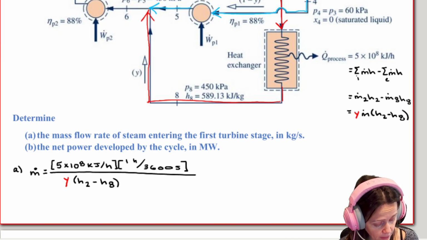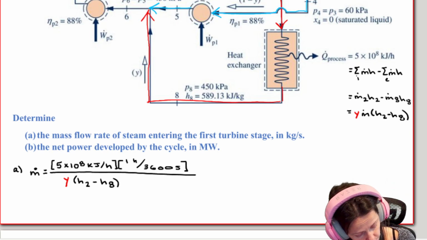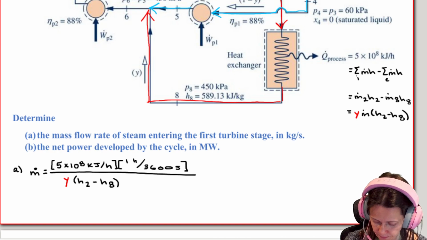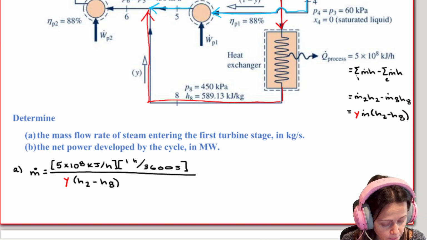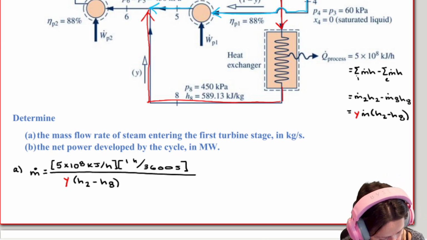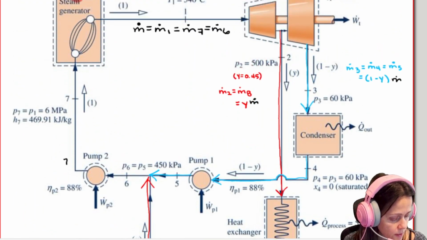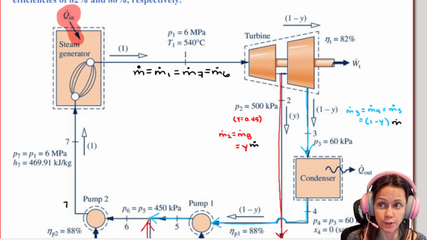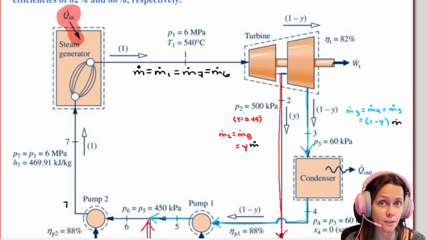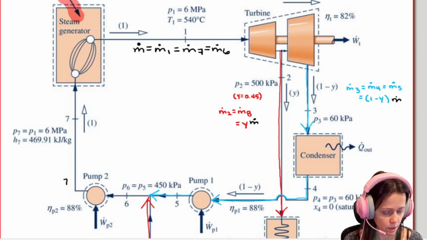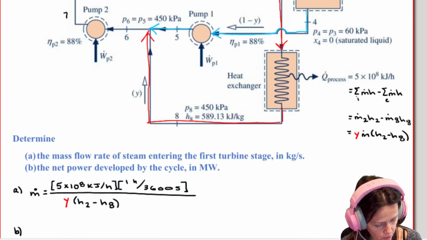And then I need the net power developed by the cycle. My net power developed by the cycle is going to be the power output by the turbine minus the power input required by pump 1 and pump 2. Let's calculate that.